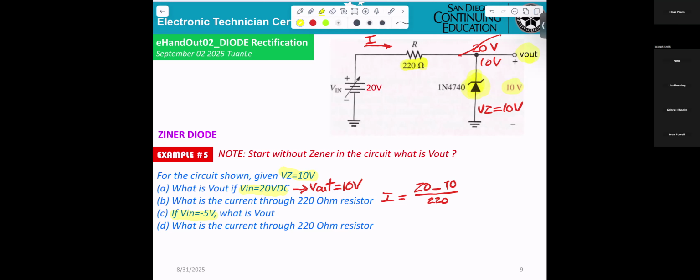That means V out equals 5 volts. The Zener is not in breakdown, correct?